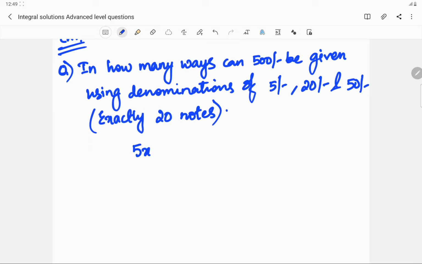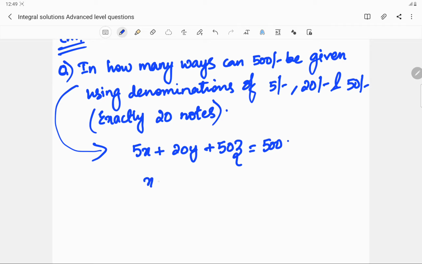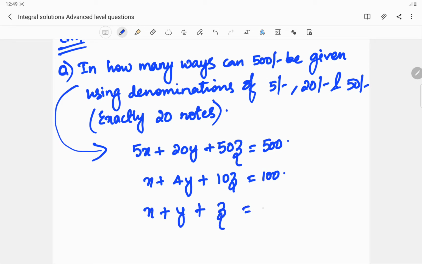say this question can be reframed into this equation: 5x plus 20y plus 50z is equal to 500, and x plus 4y plus 10z is equal to 100, and we already know that x plus y plus z should be equal to 20.